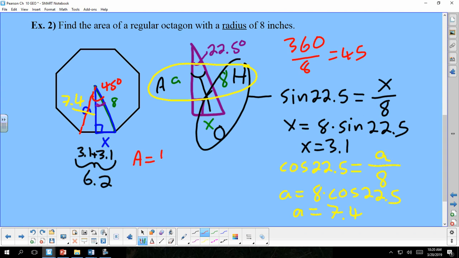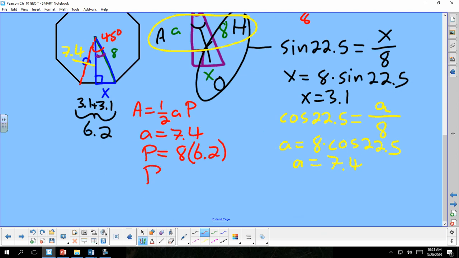The area equals 1/2 apothem times perimeter. A equals 1/2 times 7.4. And then my perimeter, we have 8 sides, and each side is 6.2 inches long. So 8 times 6.2, our perimeter is 49.6.